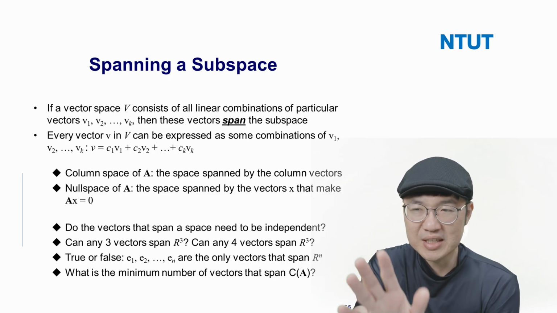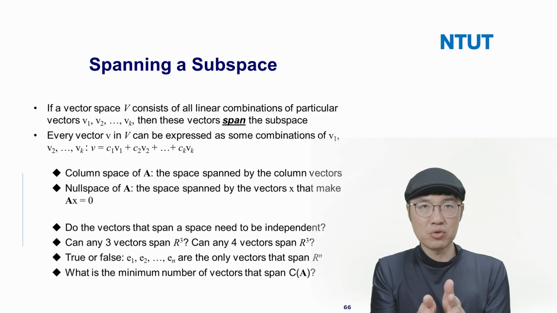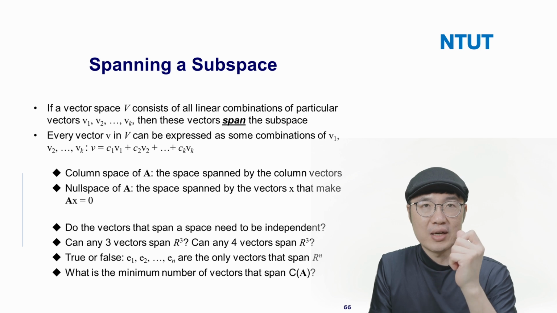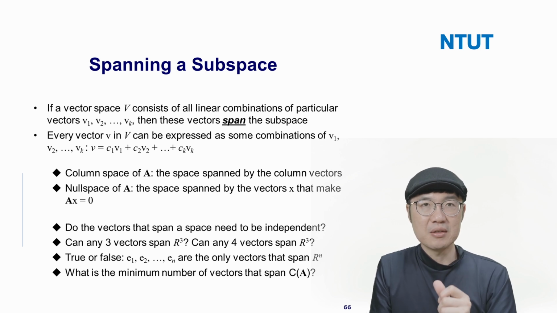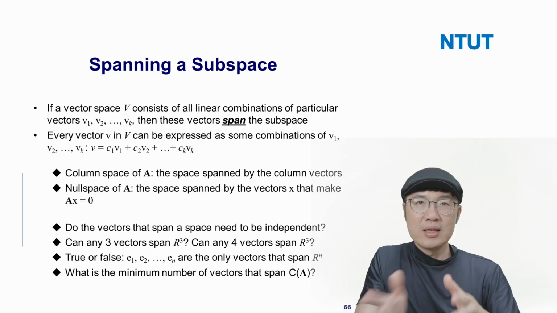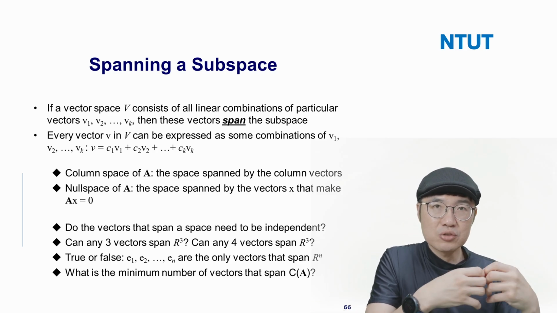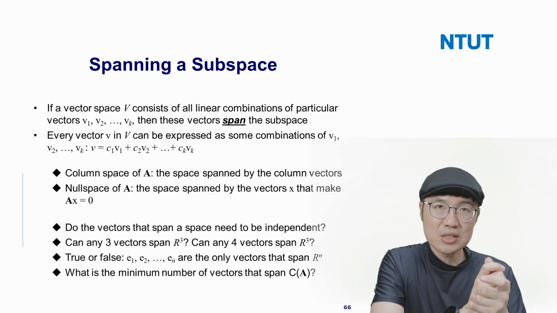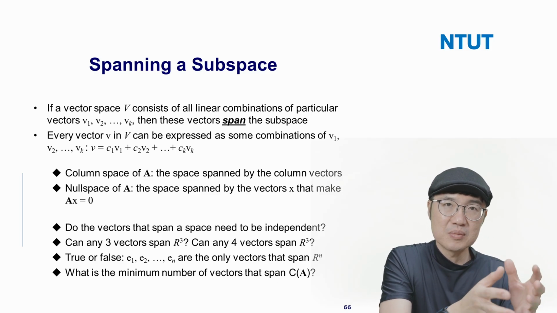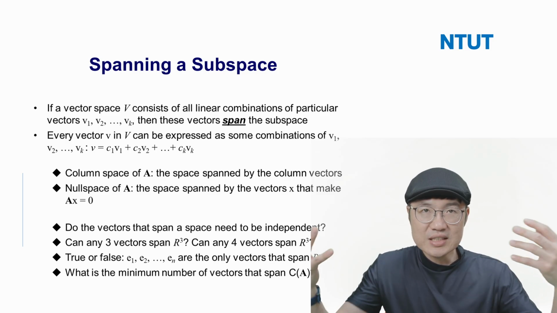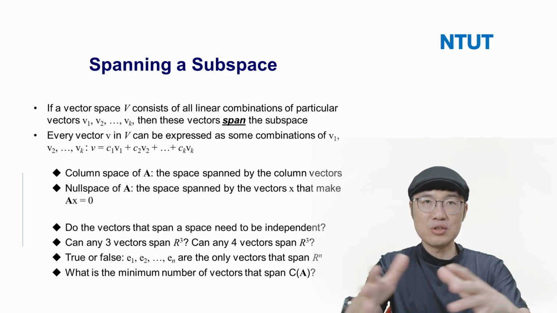Your information is not limited to those 4. The linear combinations can be derived from them. So span means extension. Independence means summarization of the essential information, and span is to extend our information into something bigger.